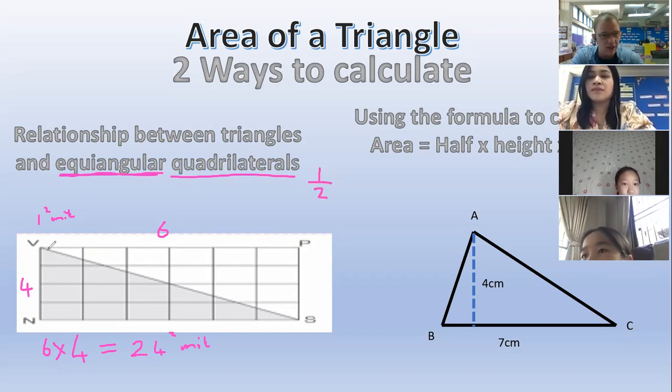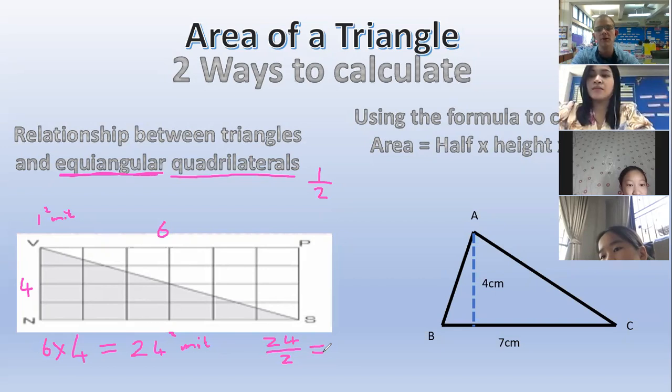Why? Because you can see if you cut this piece into two, it makes two exactly the same triangles. Meaning the quadrilateral is actually two triangles with the same size. So if we have 24, we can take 24 divided by 2, and then we get how much?